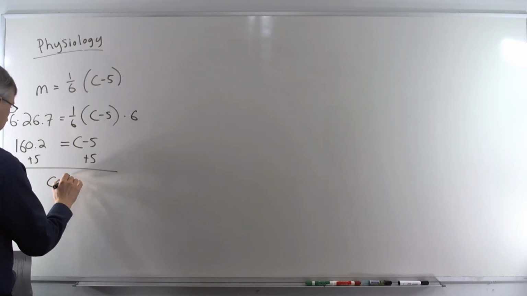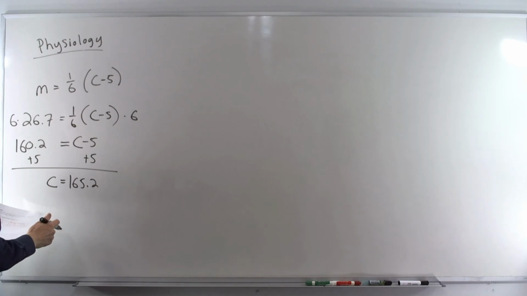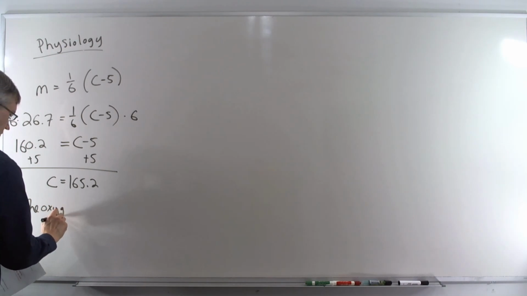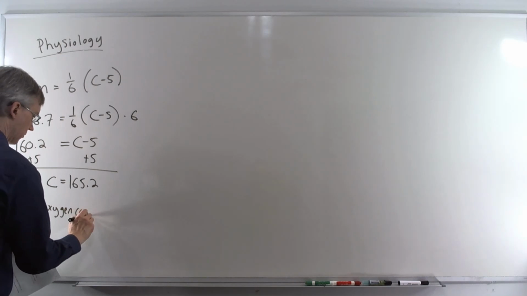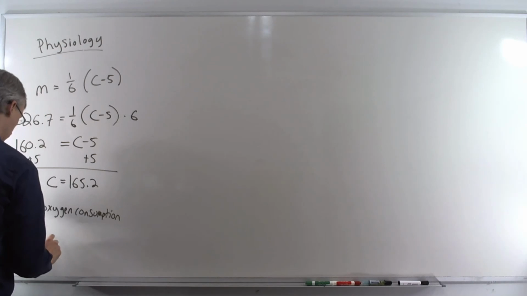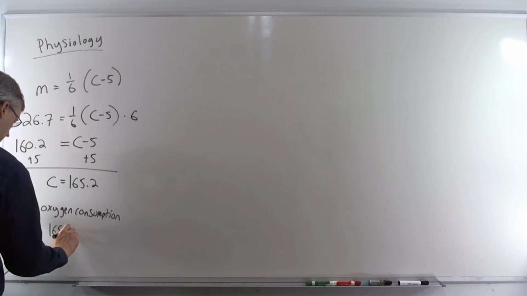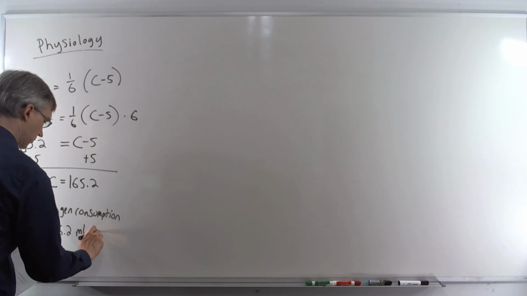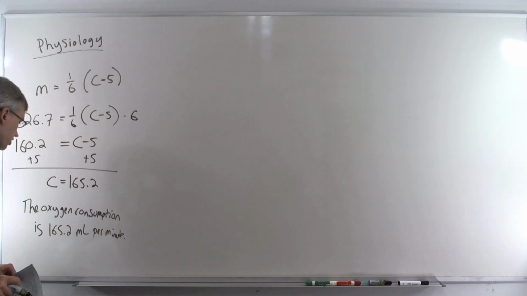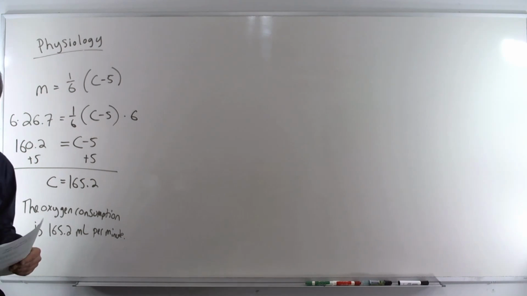And we get c equals 165.2. So the oxygen consumption is 165.2 milliliters per minute.